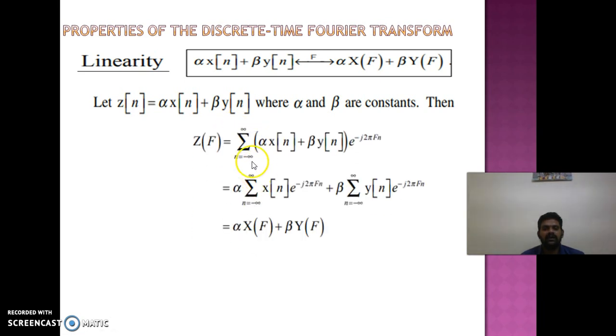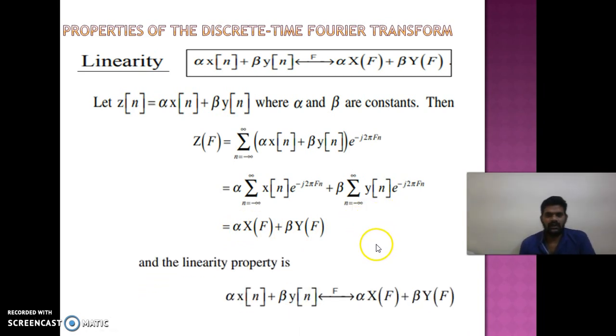Then substituting z of n, we calculate the DTFT as sigma n equal to minus infinity to infinity, and this is equal to alpha X of e power j omega plus beta Y of e power j omega.